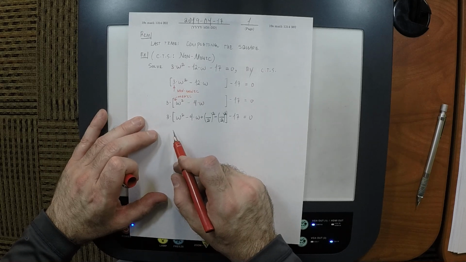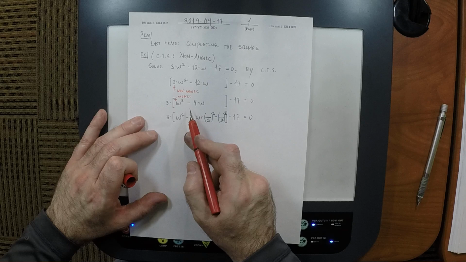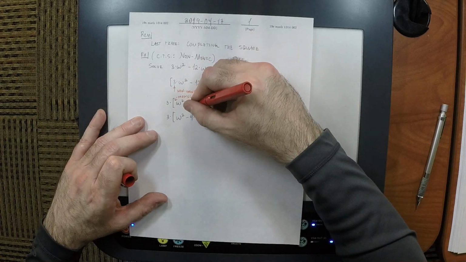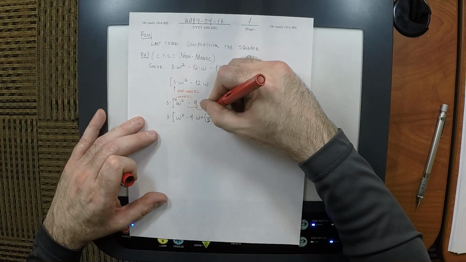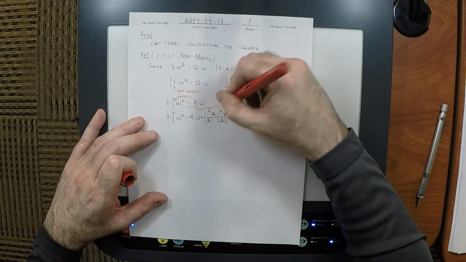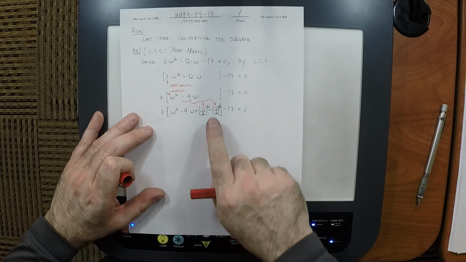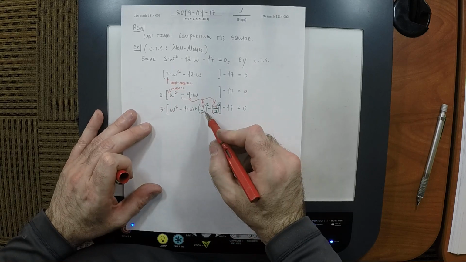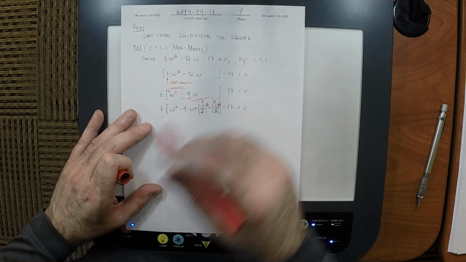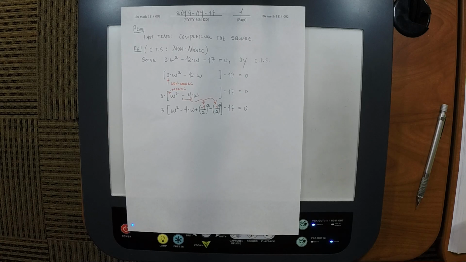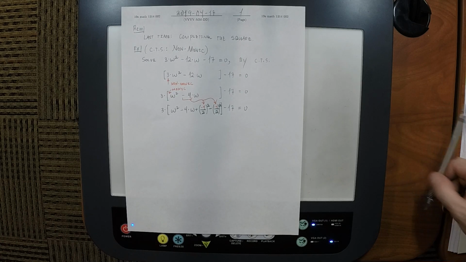This number. So negative 4 over 2, that's negative 2, and then when you square it, that's 4. So what we're saying is that we're going to add 4 and then subtract 4.